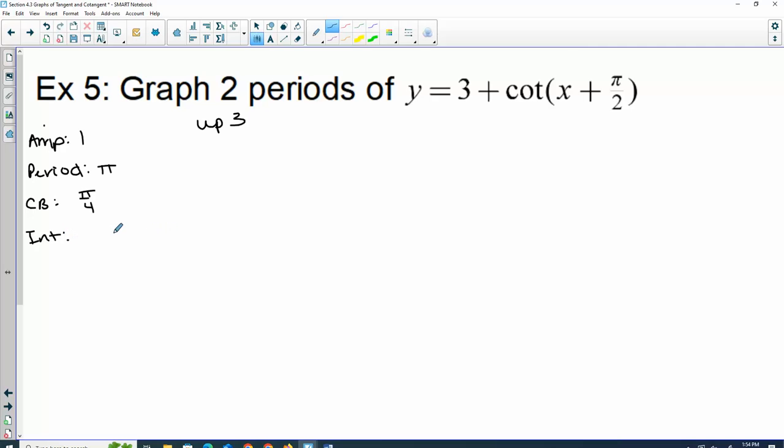Interval. Cotangent we do from 0 to pi. So if I subtract my pi over 2, it's going to take me from negative pi over 2 to positive pi over 2.